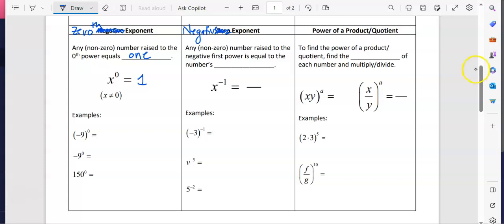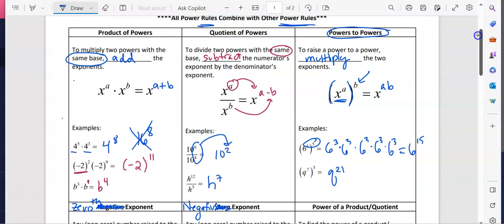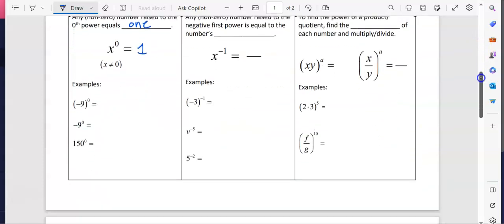Remember back to our rule for quotients. If I have something divided by itself, so x to the fifth divided by x to the fifth, and I use my quotient rule, which is to subtract the exponents, I get x to the 0th, right? 5 minus 5 is 0.